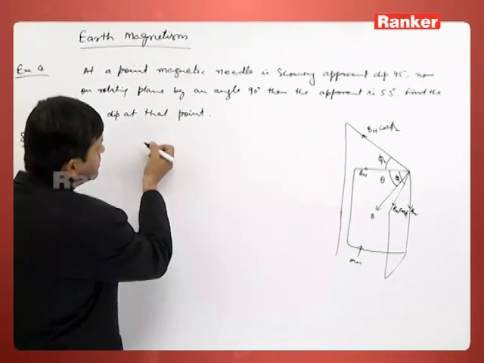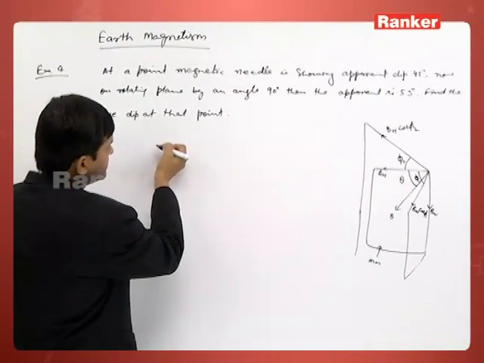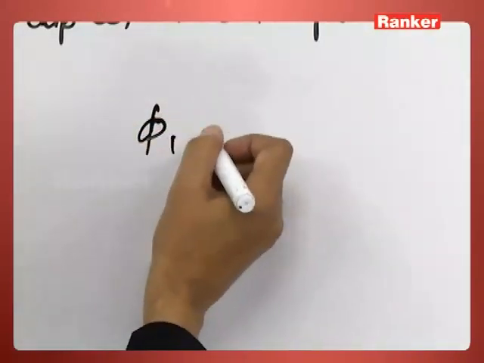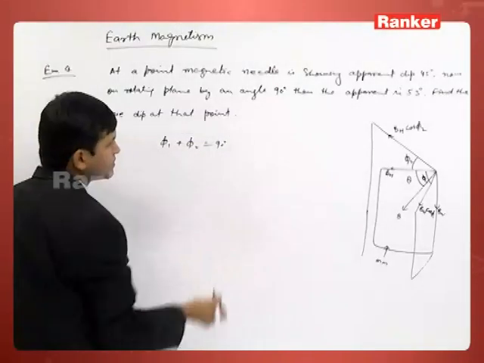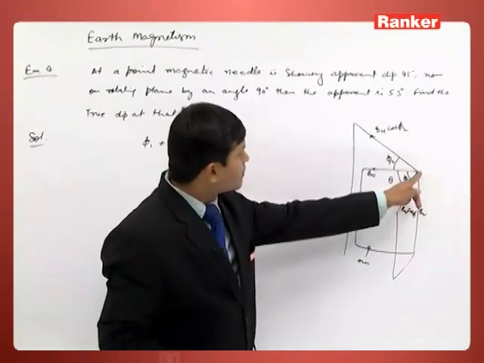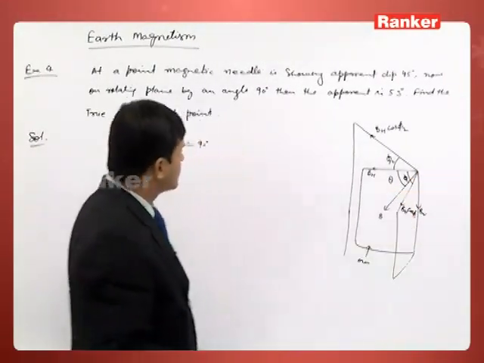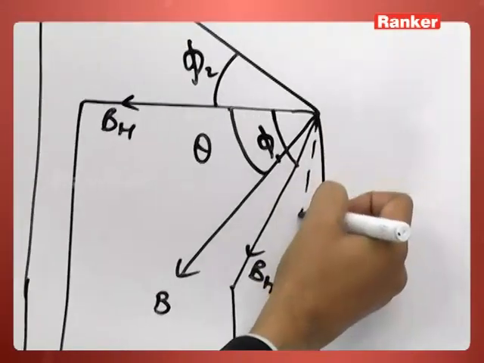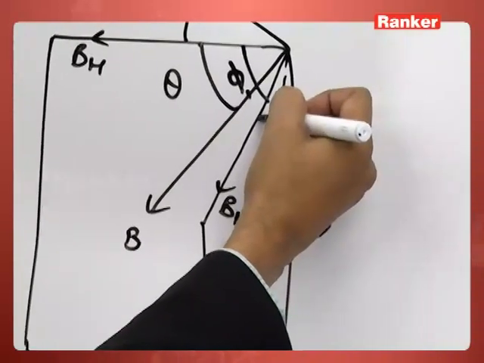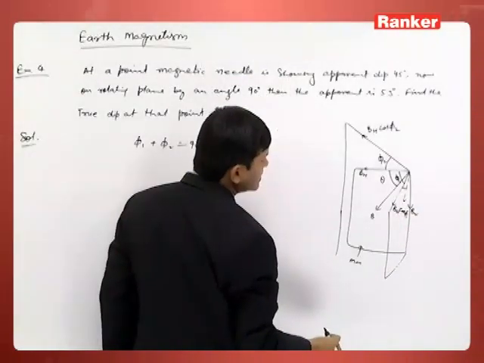So we can say here, first given condition, phi 1 plus phi 2 is your 90 degree. Now if I am talking about this plane, in this plane the magnetic needle makes this angle here, called apparent dip.